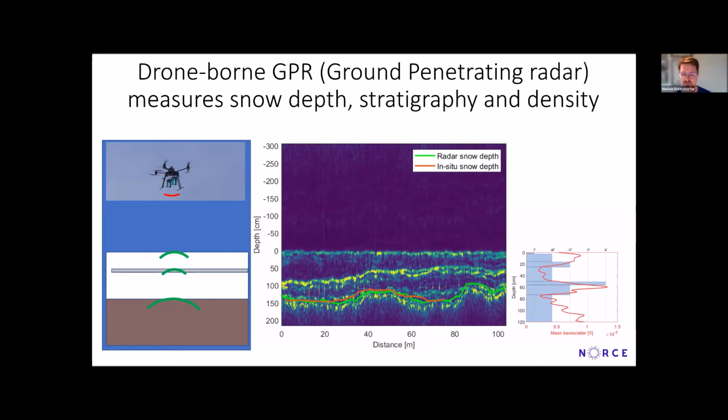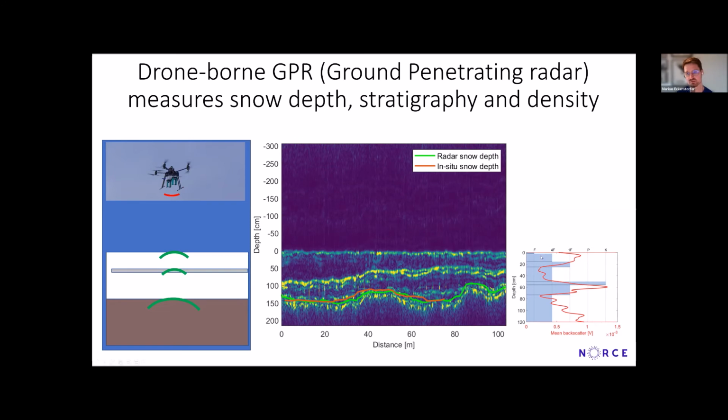So a typical radar line would look like this, where you see the interface between the air and the snow, and then also between the snow and the ground, with a quite nice match between radar snow depth and in situ snow depth measurements, and also some of the more prominent stratigraphy in the snow, ice layers, for example.